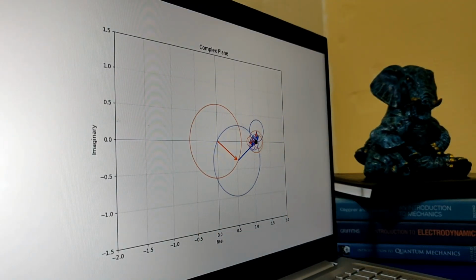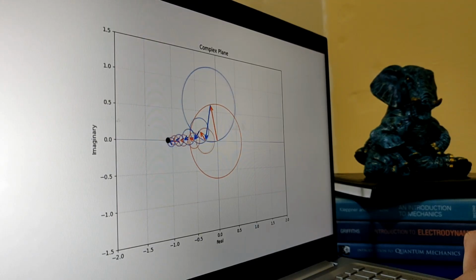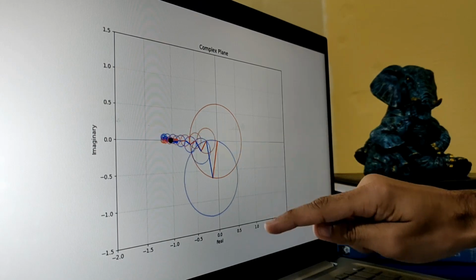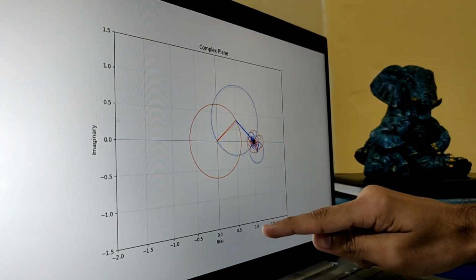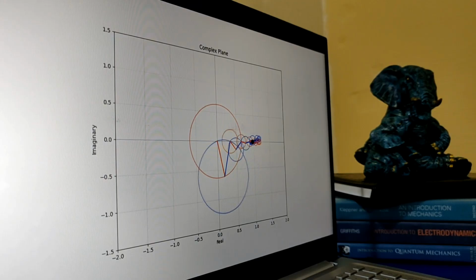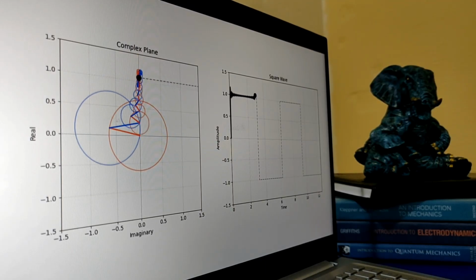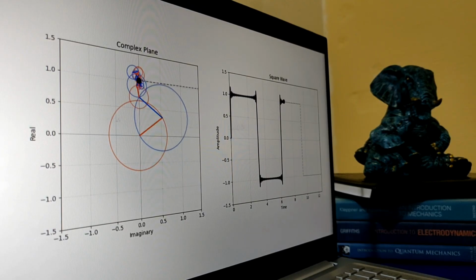And now if I add almost 40 terms, 40 vectors, it comes very close, and then all of a sudden it jumps to minus 1, then comes to plus 1 all of a sudden. And now, if you show this as a function of time, you plot it, it produces the square wave. It is a square wave.